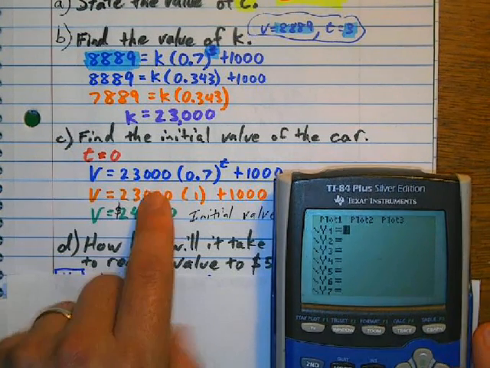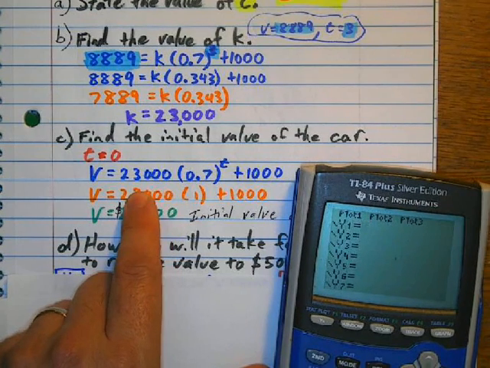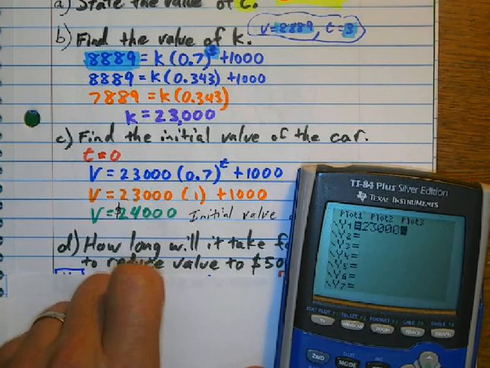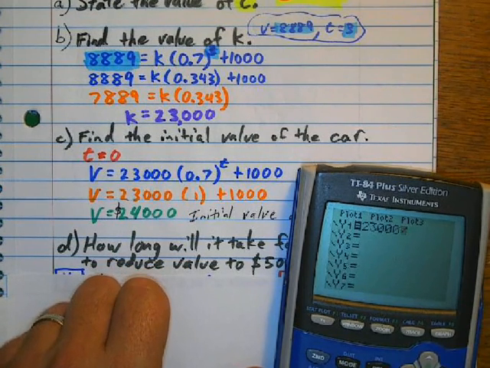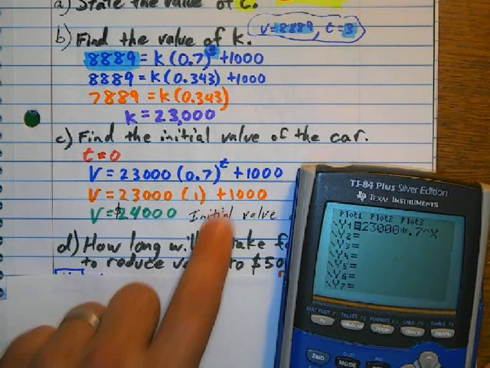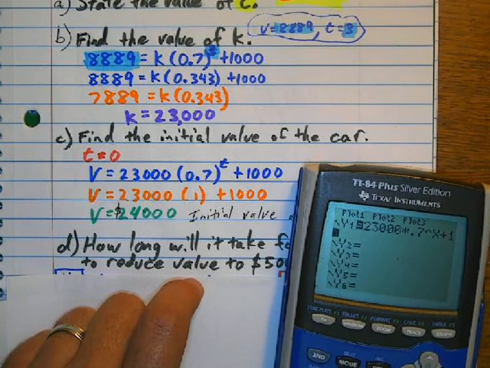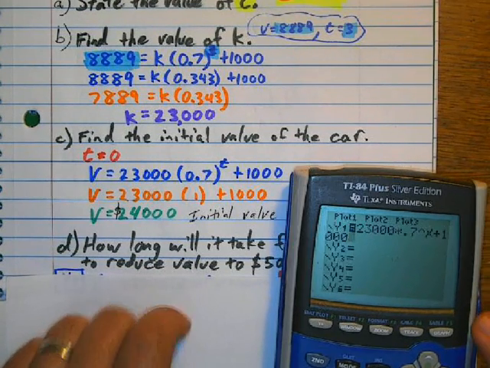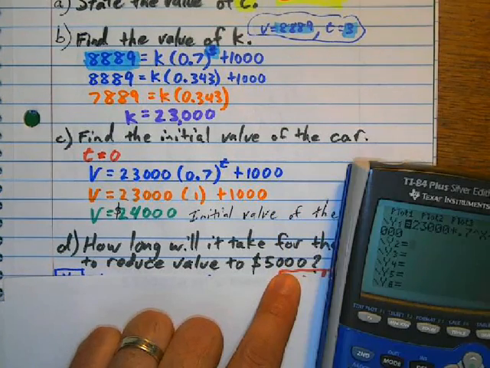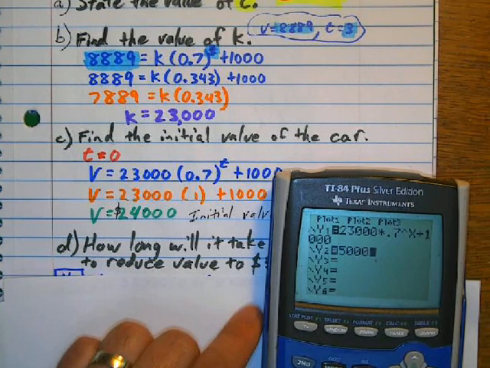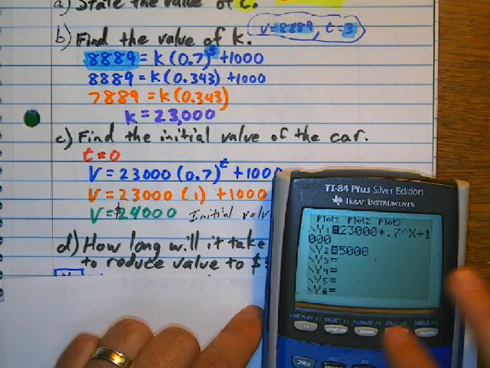So the equation here is 23,000 times 0.7 to the power of x plus 1,000. And the other equation is we want to find out when it's 5,000. So I'm going to write in 5,000. Then I'm going to hit graph.